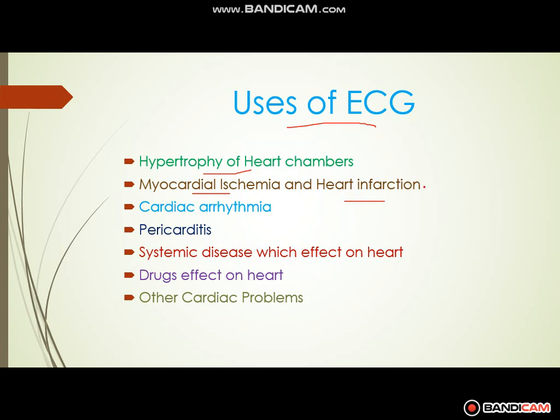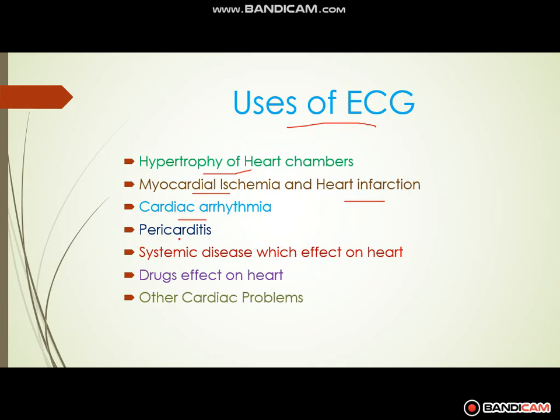When we take the ECG of a patient who has hypertrophy of a heart chamber, the ECG will show a special type of changes, so we know that he or she has atrial hypertrophy or ventricular hypertrophy. We can also use it in myocardial ischemia, heart infarction, and cardiac arrhythmia.